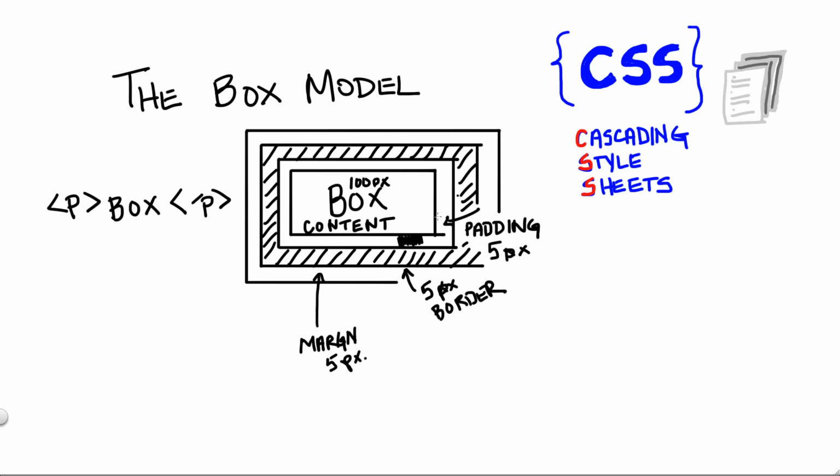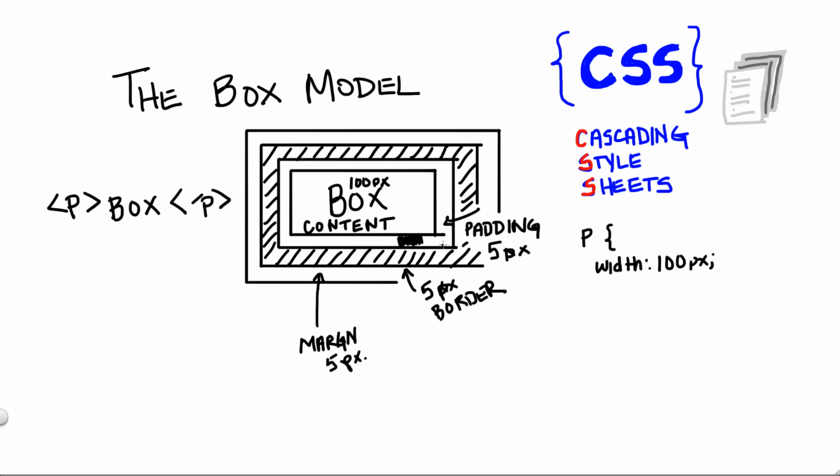So let's write out the CSS of what this might look like. So we would have a P element, and we'd be opening up a bracket, and then our box width would be 100 pixels, and we're going to specify it in this example just because it's easier.